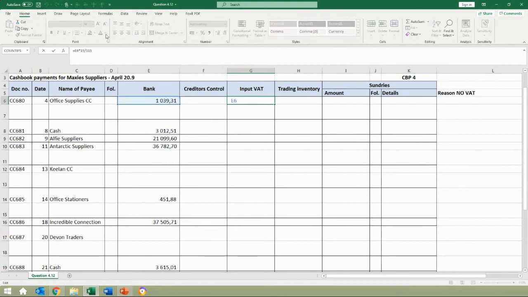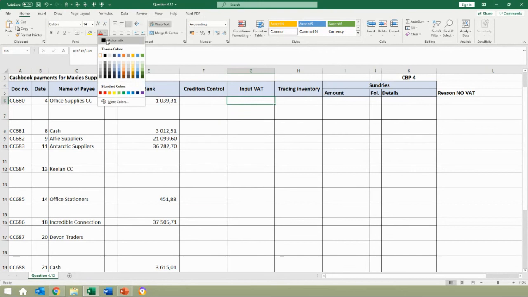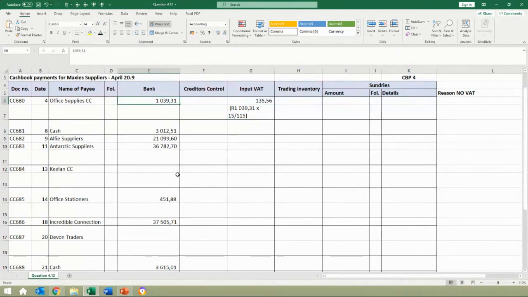Okay, so how we work it out, as you can see the amount, and then the calculation. What I did is I took the 1,039 Rand for the input VAT. We multiplied with 15 because I want to work out the VAT component.